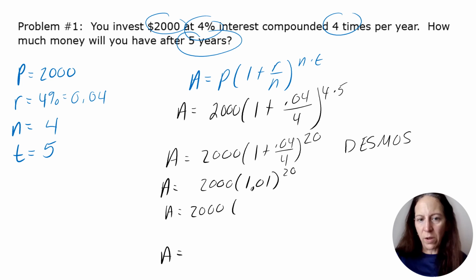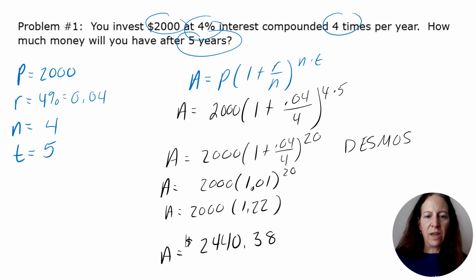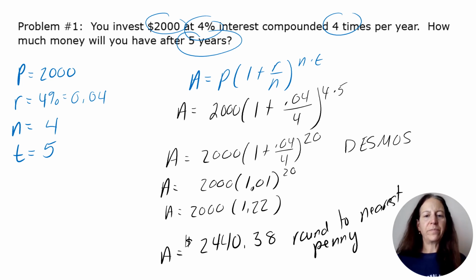So this is about 1.22. We'll leave it at that. And then I'm going to take that and multiply it by 2,000. And I get $2,440.38. And we're going to round to the nearest penny. Okay, so there we go. And so that's how much money we would have in our bank account.